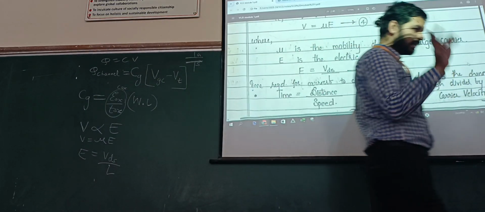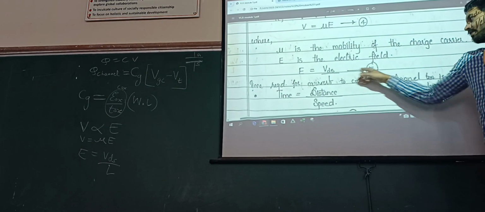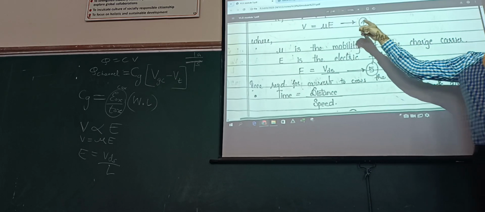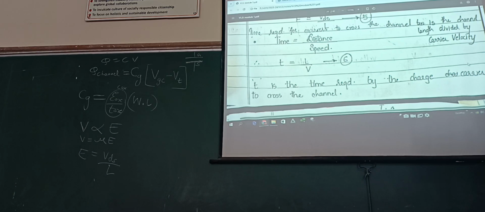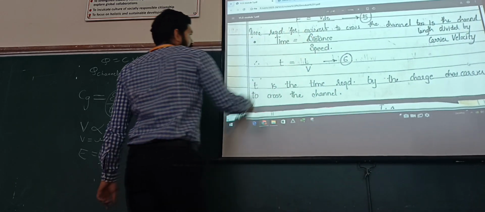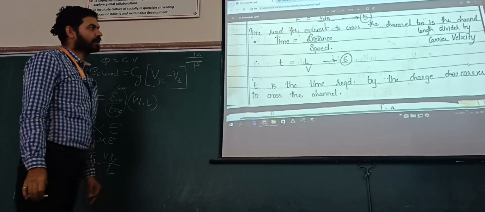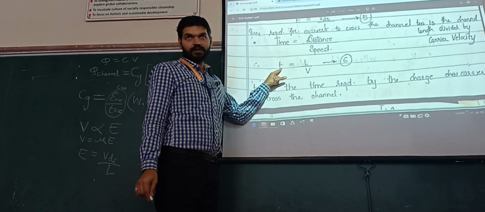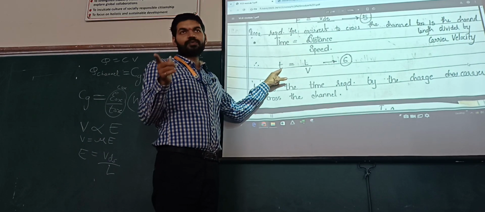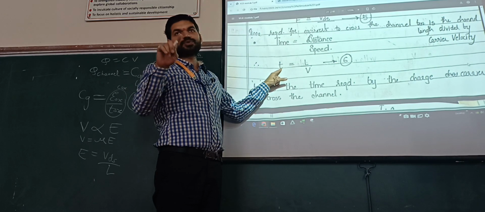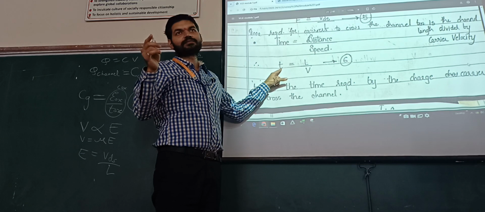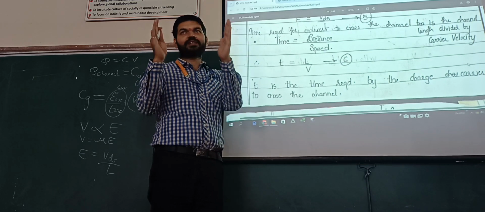Next, we are naming all of these as we go. This is equation 5. This is equation 4. Okay. Next, time is equal to distance by speed. We already know this. The time required by the electron to travel from source to drain: the distance is just the length. What is between source and drain?